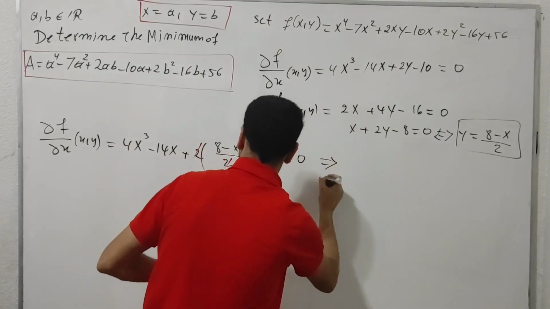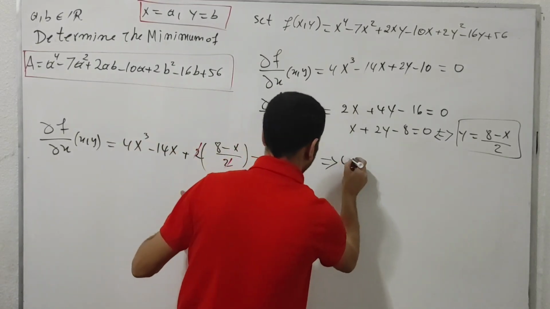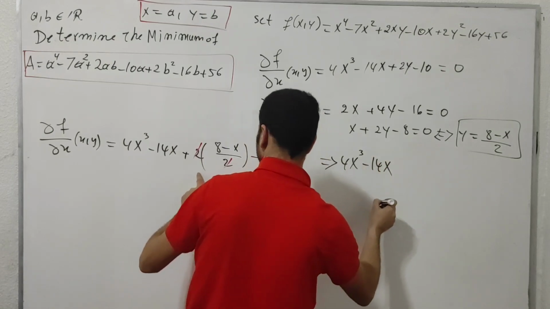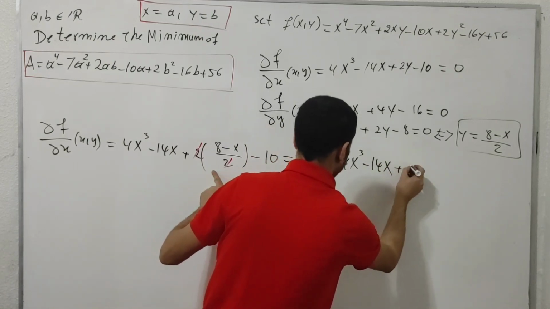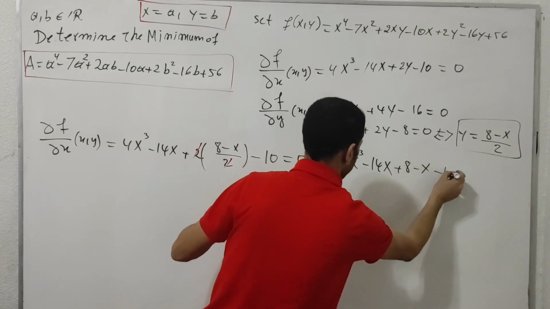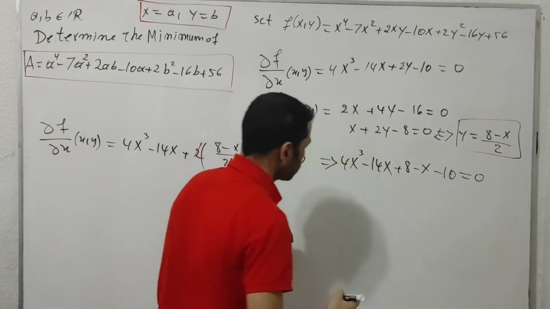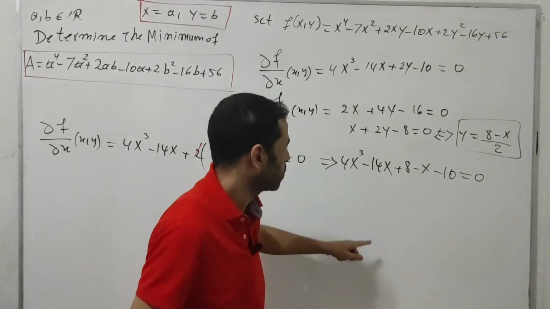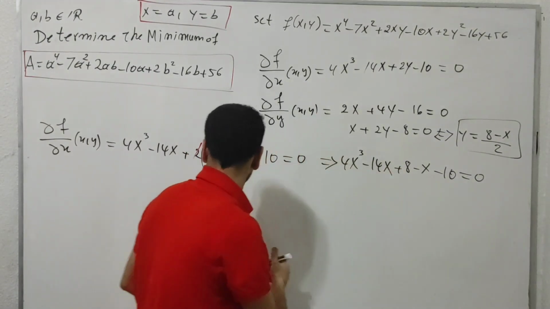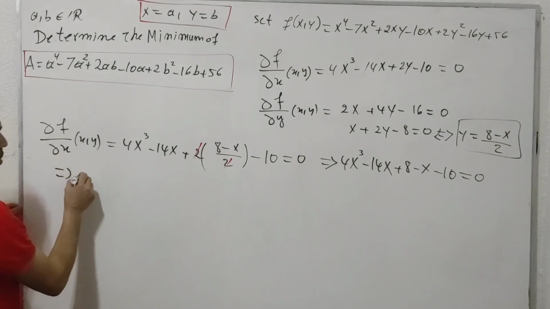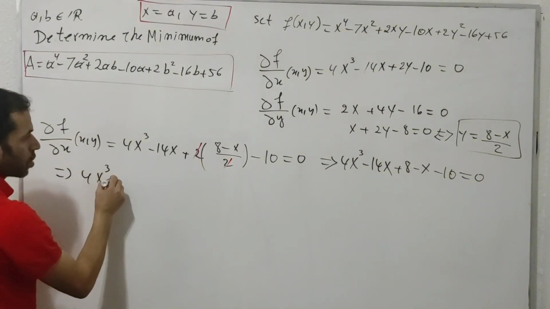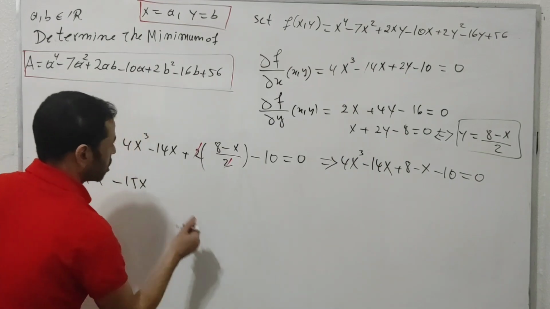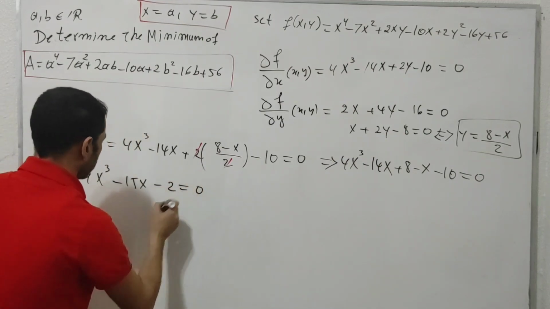I will have the expression in terms of x. I will have 4x cubed minus 14x plus 8 minus x minus 10 equals 0, okay. Now we have this minus 14x and this minus x become minus 15x. So we'll have 4x cubed minus 15x, 8 minus 10 is giving us minus 2, equals 0, okay.